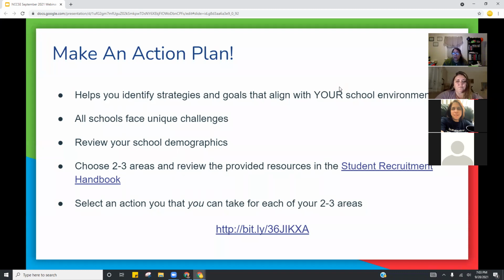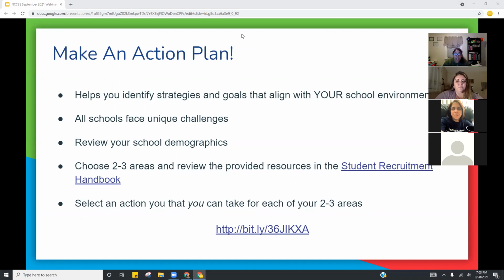So as you hear tonight from our speakers, feel free to complete the student recruitment action plan, and I can definitely put a link to the recruitment handbook that we have. Lots of great resources again for you to check out, and you can get access to the action plan there.